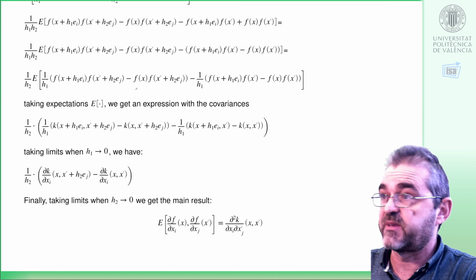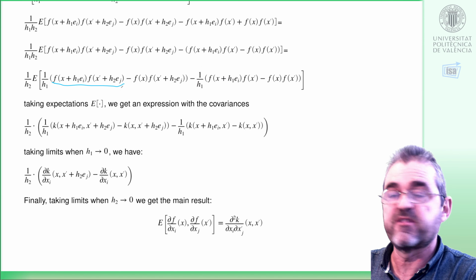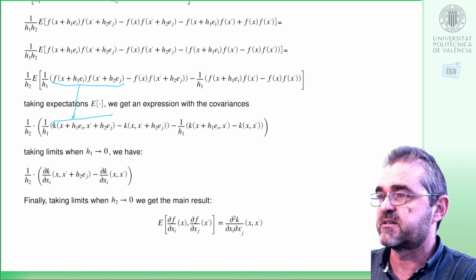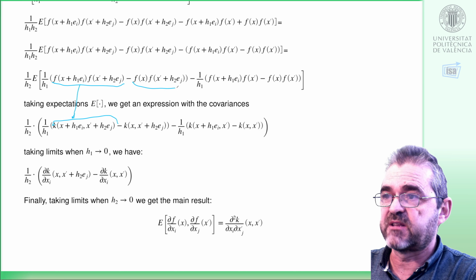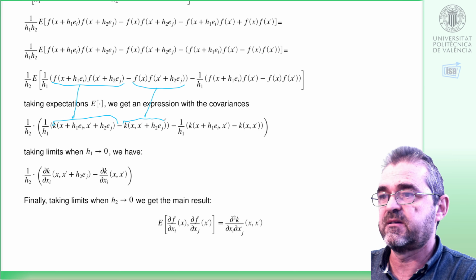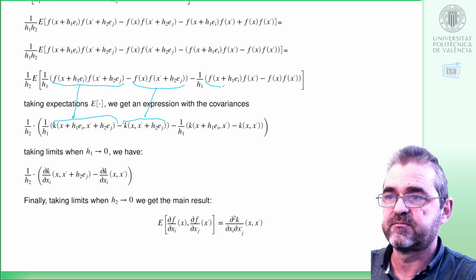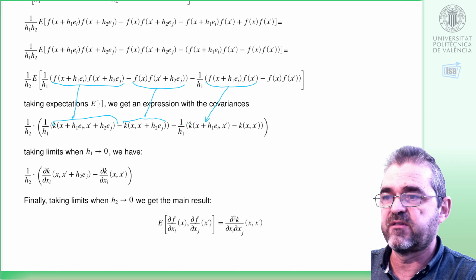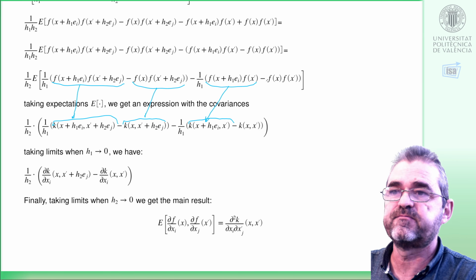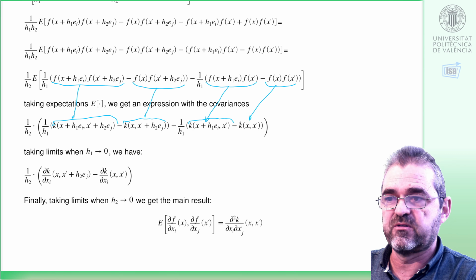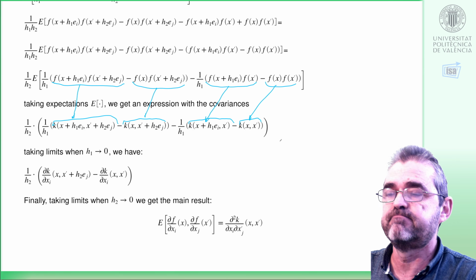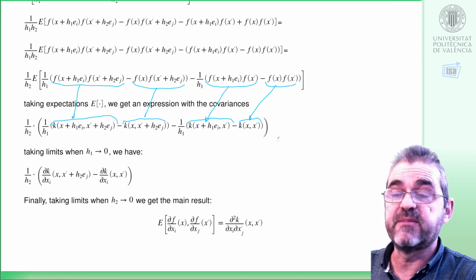If I take expectations, then the expectation of this product is this kappa, the expectation of this product is this kappa, and likewise I have the expectation of this product and the expectation of this product. Good. Let us now take limits making h1 tend to 0.